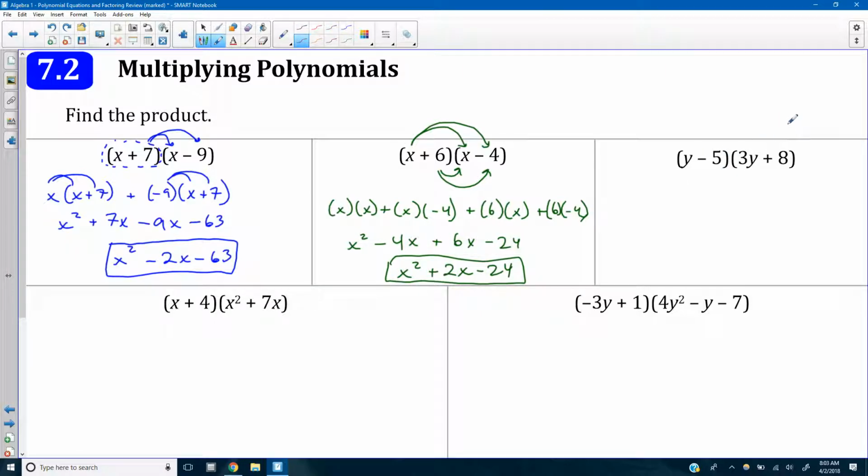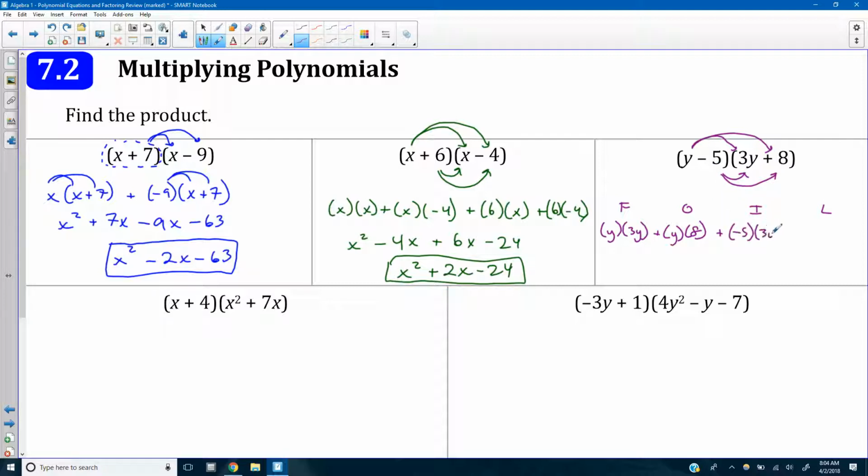All right. Y minus 5 times 3y plus 8. I'm going to do the same thing here, only this time I'm going to treat it more as FOIL. And guess what? The same thing happens. But let's talk about first, outside, inside, last. What I do first is I multiply the two first terms, y times 3y. What I do next is I multiply the y with the 8. Then the inside terms, the negative 5 and the 3y, multiply together.